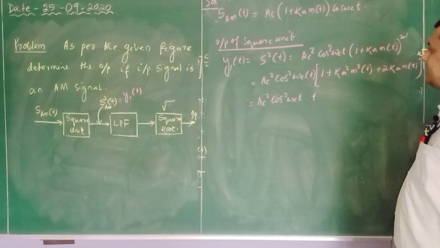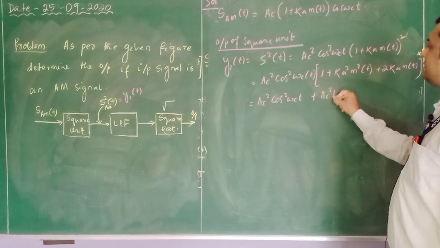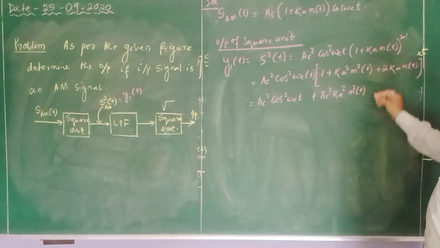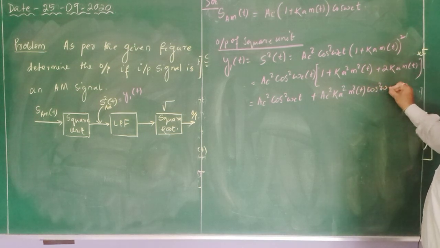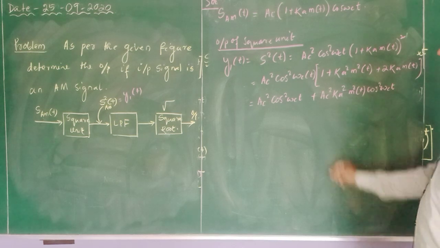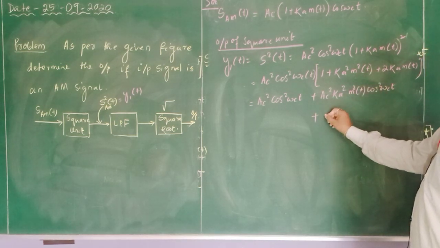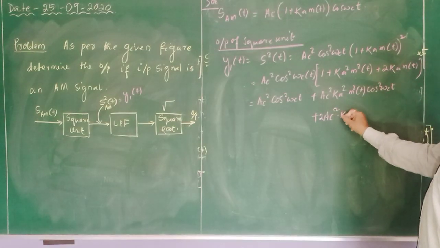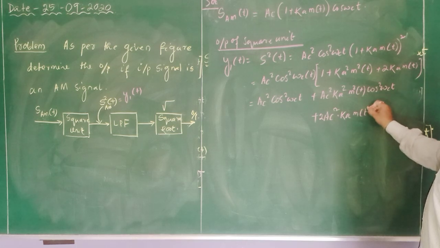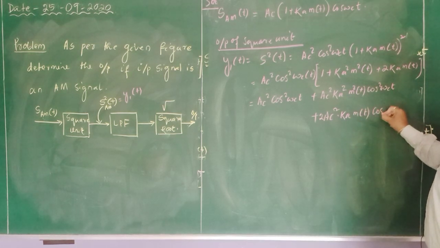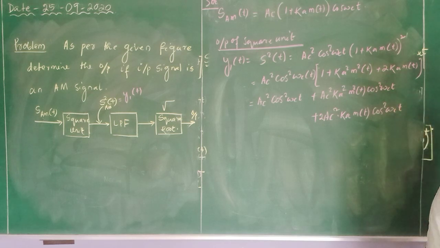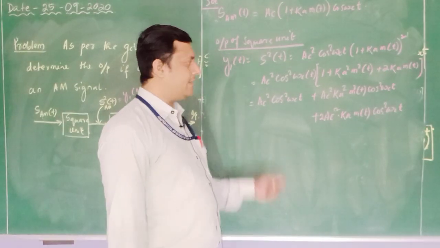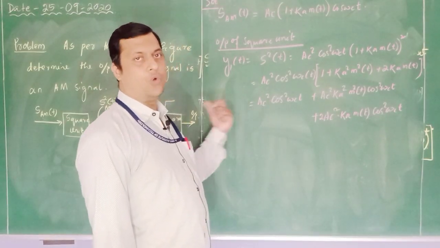Then the next is Ac square ka square m square of t cos square ωct. Done. Plus the next component is twice Ac square ka m of t cos square ωct. Okay, so these are the components. Now you need to expand this cos square ωct, and pass this component through the low pass filter.